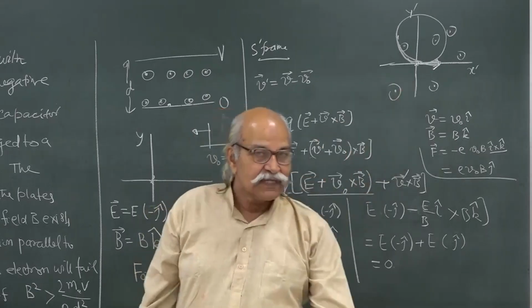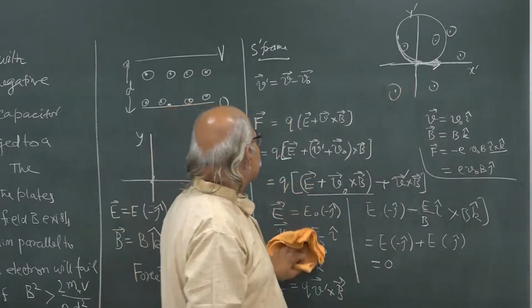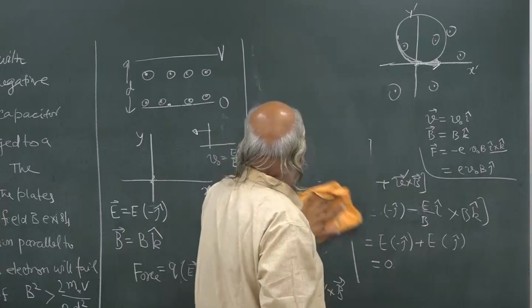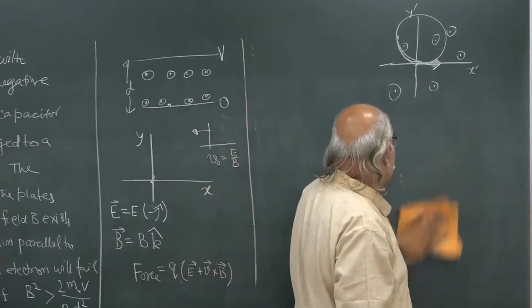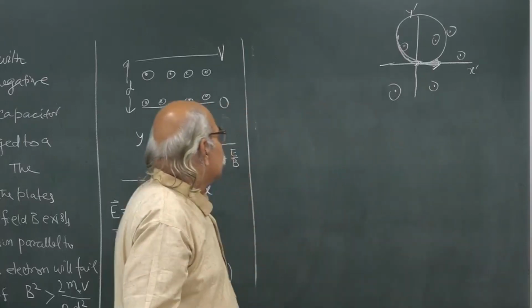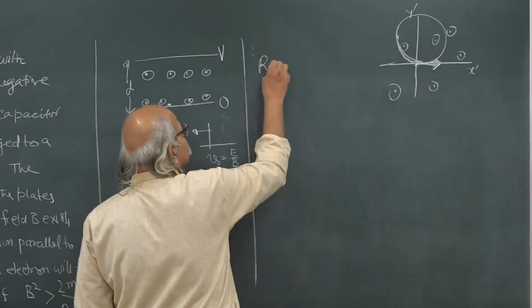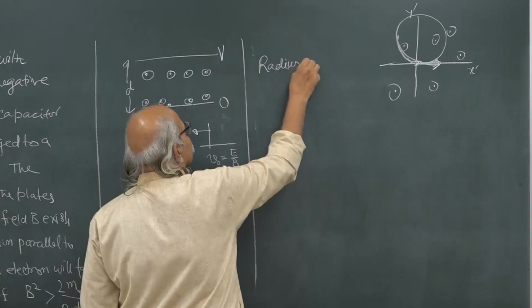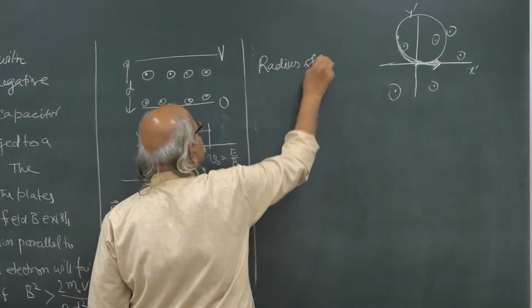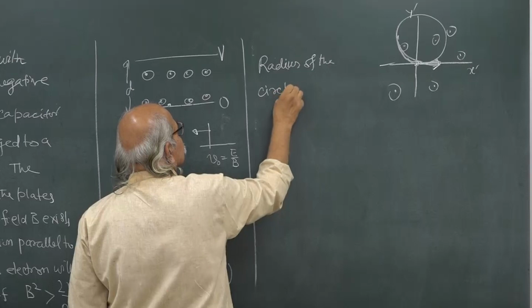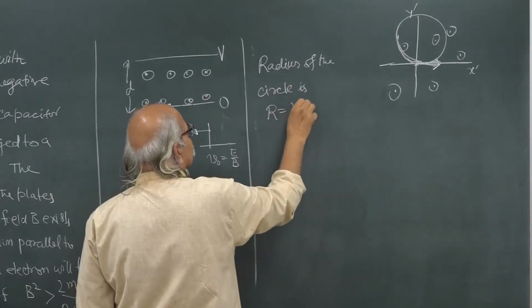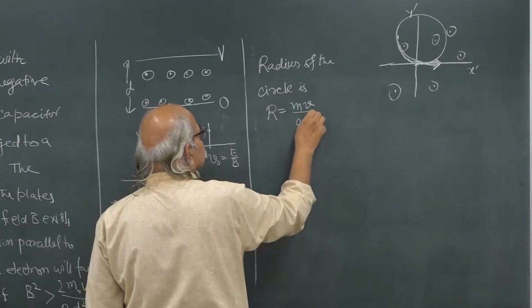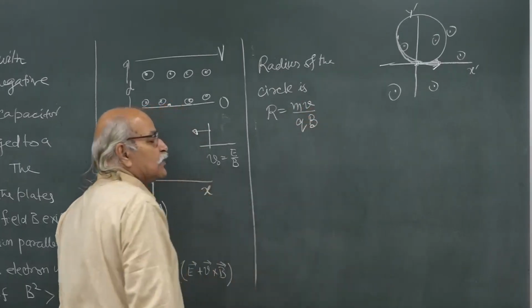What is the radius of this circle? Radius of this circle is R equal to mv by qB. This is the equation.